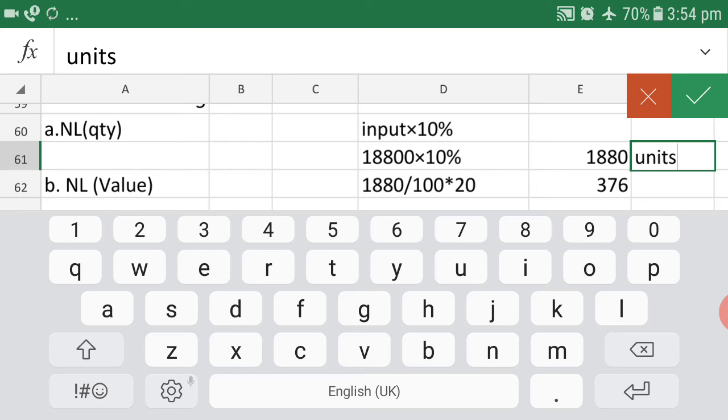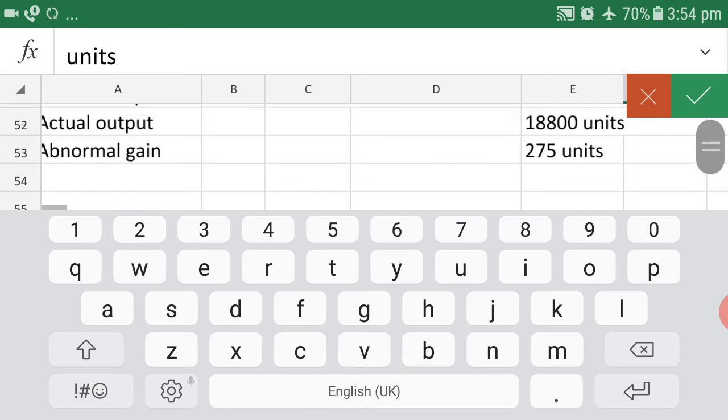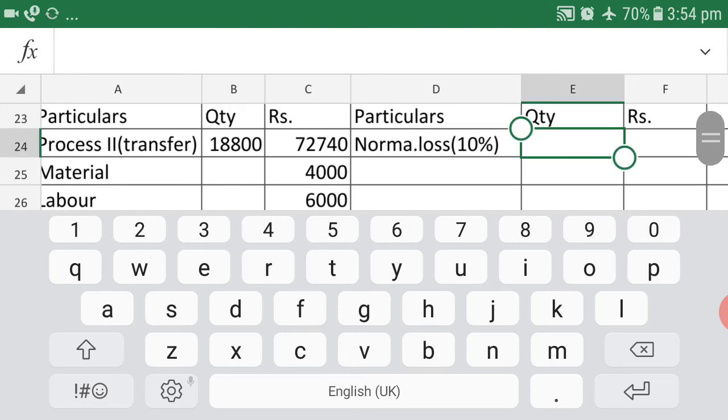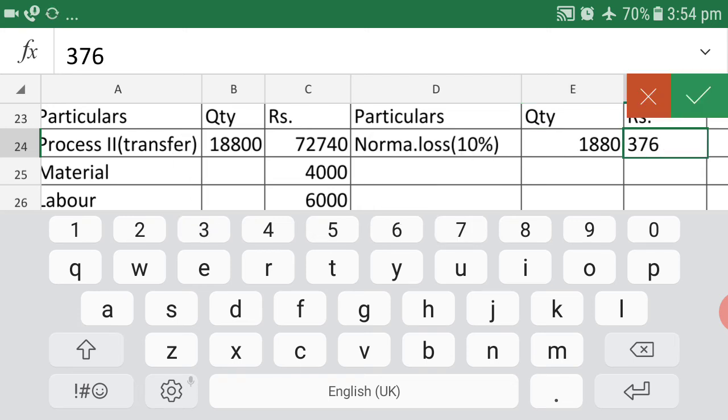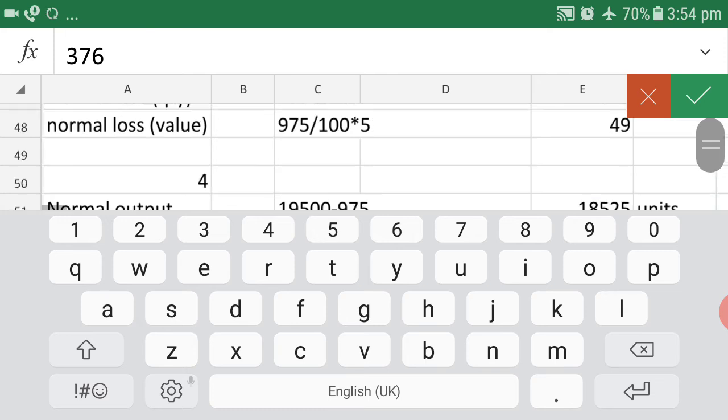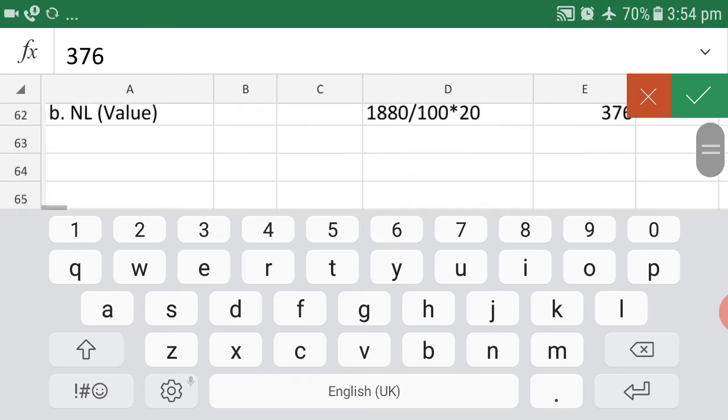Clear? Yes, we can copy the same to our table. Normal loss quantity 1,880, value 376. Clear? Yes, let's move to the next calculation, whether it is abnormal loss or abnormal gain.